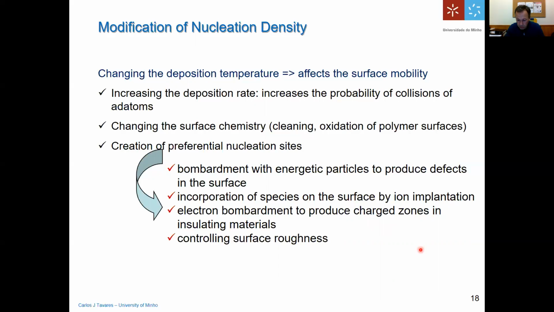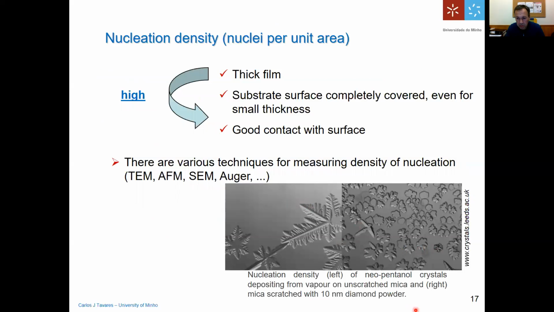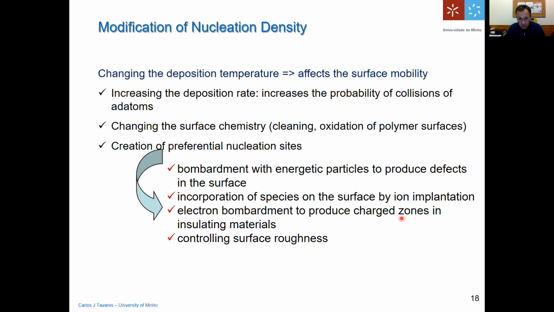For example, here, instead of scratching with diamond paste, you can bombard the mica substrate with high energy ions to incorporate some ions on the surface of the substrate, which will actually also yield nucleation centers for the development of thin film. You can incorporate other species by implantation, by electron bombardment to produce charged zones.